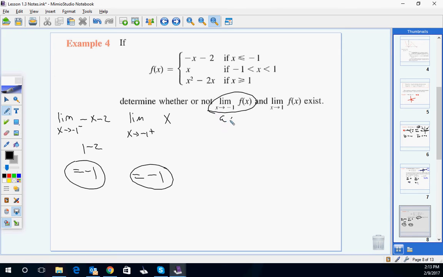This one exists at negative 1. So first thing, left and right of the value they asked me to evaluate. This was the left of it. This was the right. Therefore, these two are equal, so it does exist.